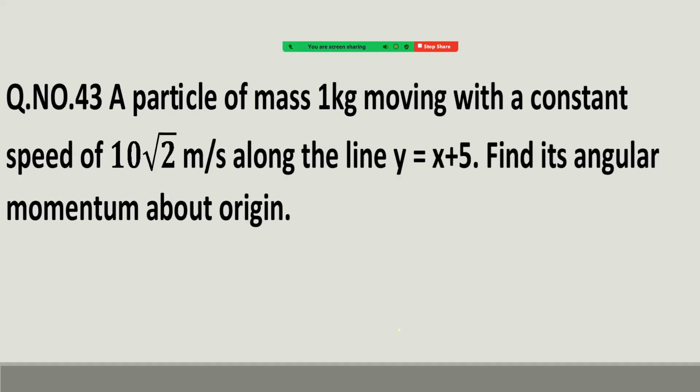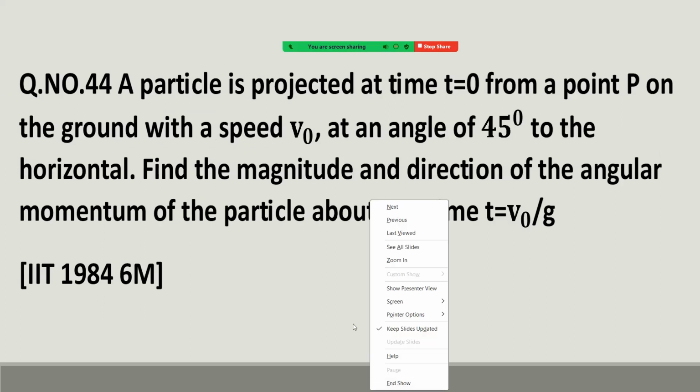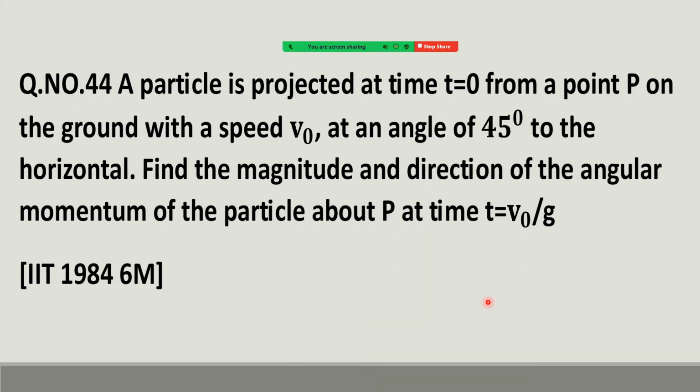Let us see the next problem. Let's see the question given. A particle is projected at time t equal to 0 from a point P on the ground with a speed v0 at an angle of 45 degrees to the horizontal. So from the ground with a speed v0, 45 degree angle.